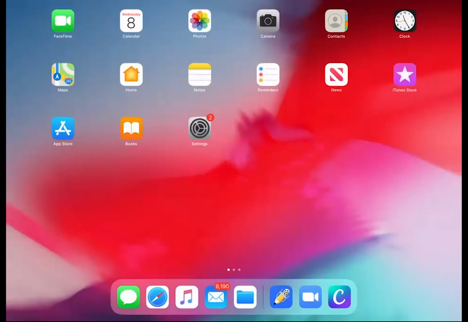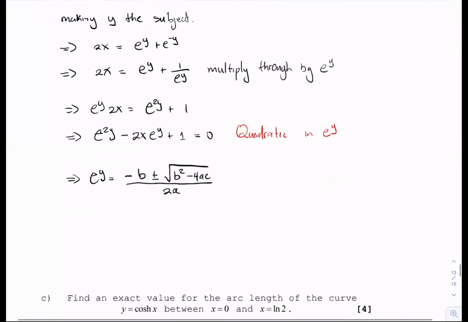Using the same formula, we have e to the y equals 2x plus or minus the square root of 2x squared minus 4 times a. What is our a in this question? 1. Minus c. What is our c in this question? Also 1.